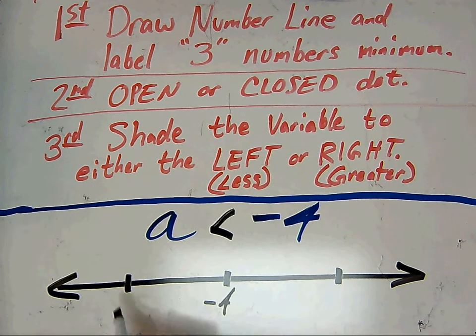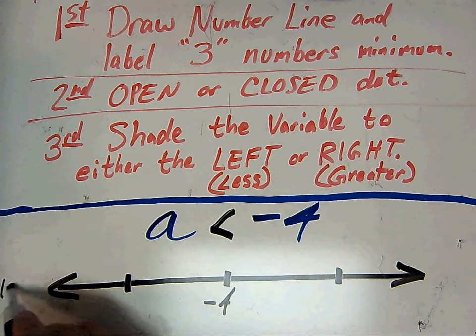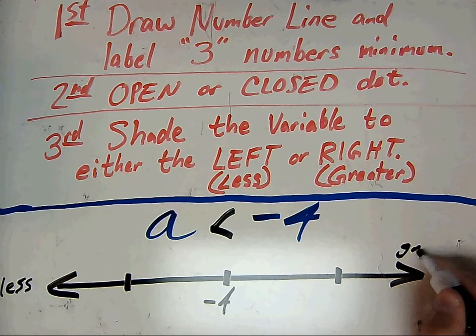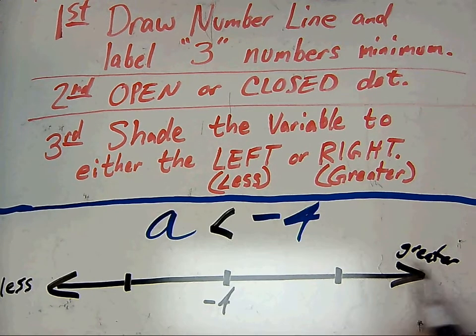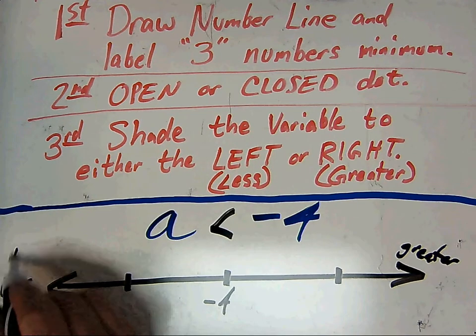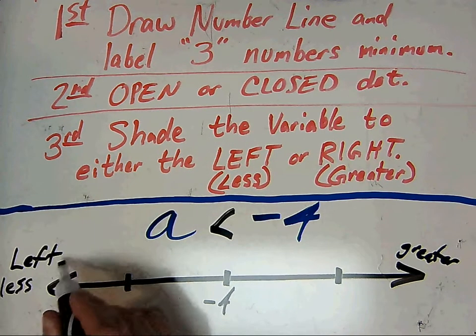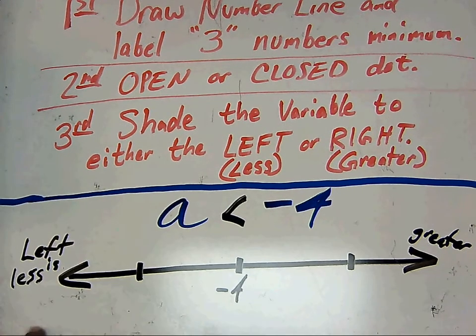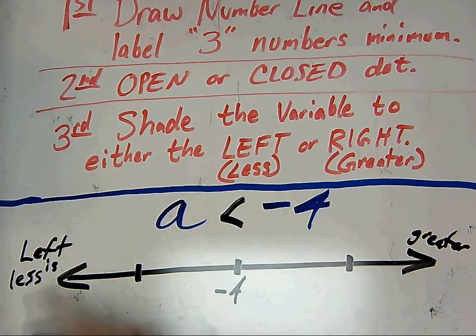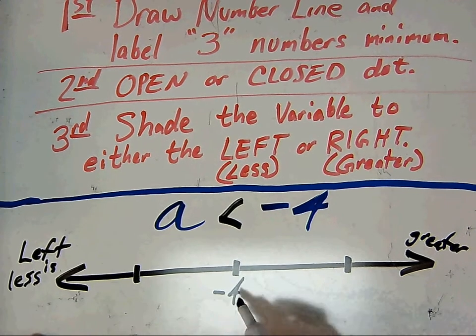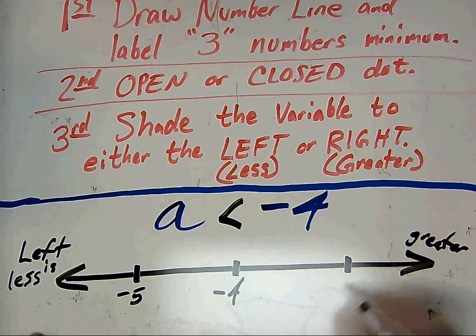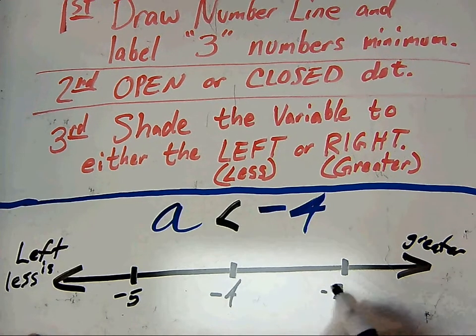Going to the left is always less, and going up to the right is always greater. If you can just remember left is less, then the other way is greater. So going to the left, negative 4, negative 5; going the other way, negative 3, negative 2, negative 1, 0, and then positive 1, 2, 3.